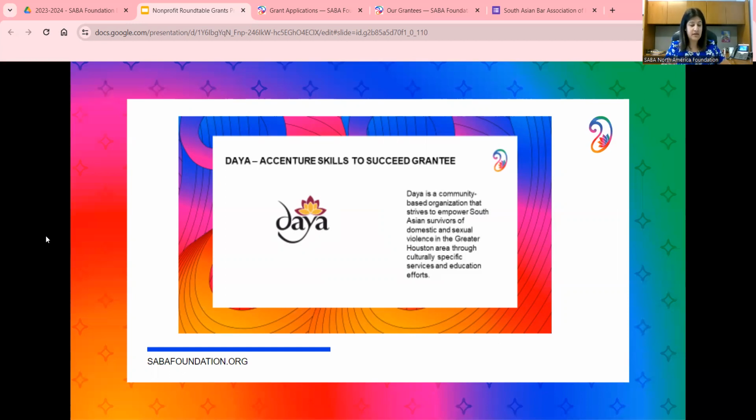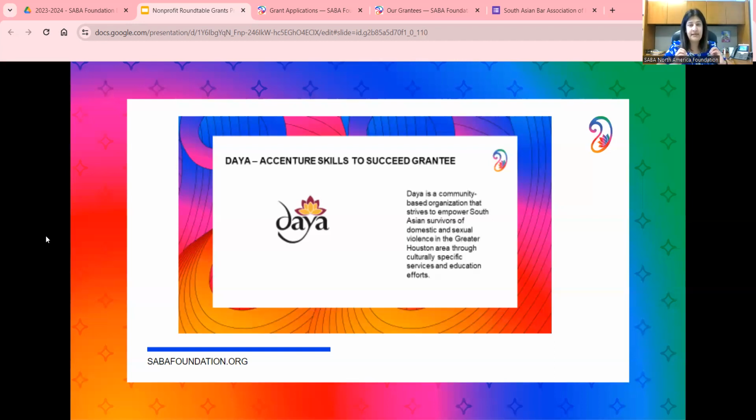The goals for the Accenture Skills to Succeed grant that they applied for were to support one or more of these initiatives that they listed, and they were very on point in providing the nexus toward how these are skills to succeed: resume and job search clinics, foreign transcript evaluation, assistance with higher education applications, financial assistance with vocational training, financial literacy training, and assistance with business plans, marketing plans, budgeting, and accounting.